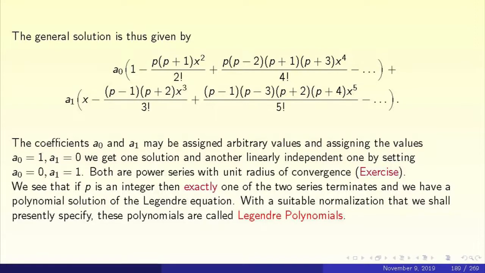In short, when P is an even integer, the coefficient of A0 terminates and you get a polynomial solution. If P is an odd integer, the coefficient of A1 terminates and we get a polynomial solution. A polynomial, remember, is a power series with infinite radius of convergence.